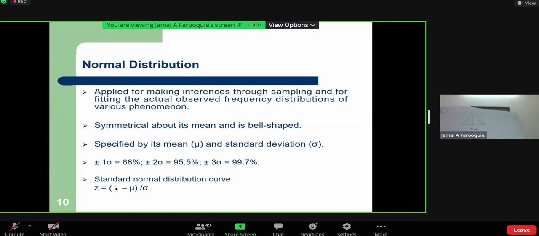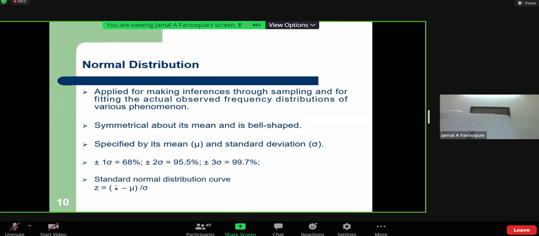So it's like this, bell-shaped. In the middle, we have values of x. X is the variable we are talking about, and this point is the mean value, the average. Other values deviate from the mean, and when we standardize these deviations, it becomes the standard deviation.